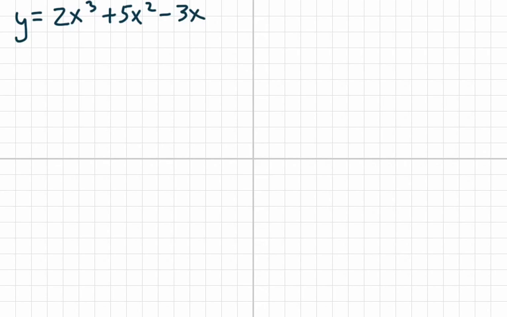When I look at this, I can see that I do have a common factor of x. I've got x to the third, x squared, and x. So we'll take out that common factor, and that'll leave us with 2x squared plus 5x minus 3.